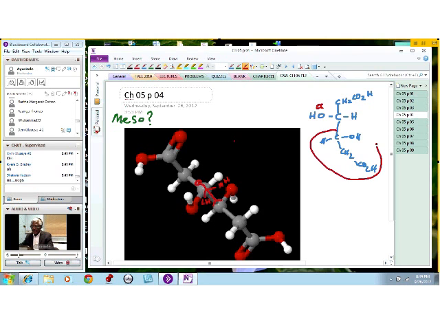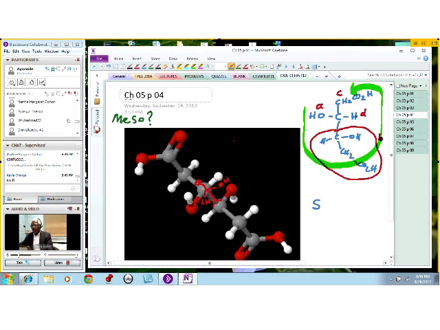This is priority B. Therefore this will be priority C, and hydrogen is priority D. Now we want to make our motion, from A, we go through B to C, ignoring group D. That motion is counterclockwise, so that means that should be S.